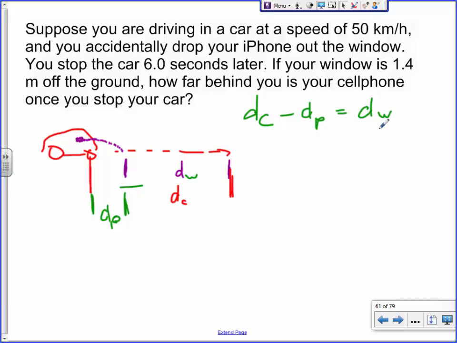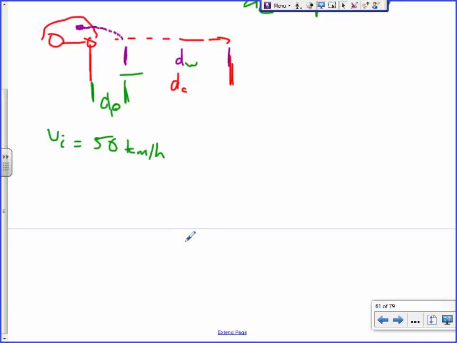So far, so good. Okay, let's talk about the car. You're going 50 kilometers an hour, right? So that's my velocity initial, 50 kilometers per hour. Okay, we need to convert that into meters per second. You guys know how to convert from kilometers per hour to meters per second quickly?